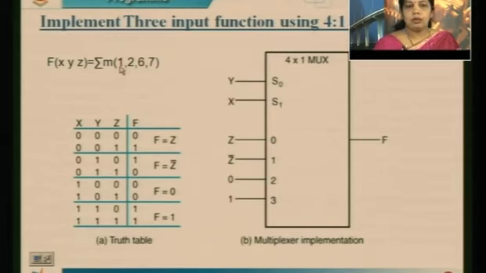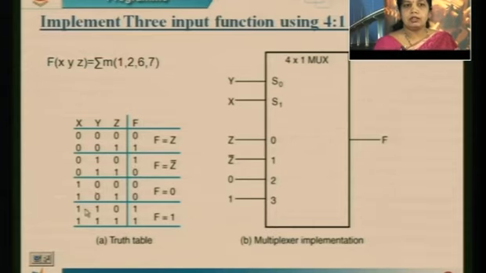So the min terms over here are 1, 2, 6 and 7. Wherever that particular 1 is there, you can see over here 0, 0, 1, I will be writing my output as logic 1. Once again coming over here, 0, 1, 0 represents 2. For 2, my output is logic 1.